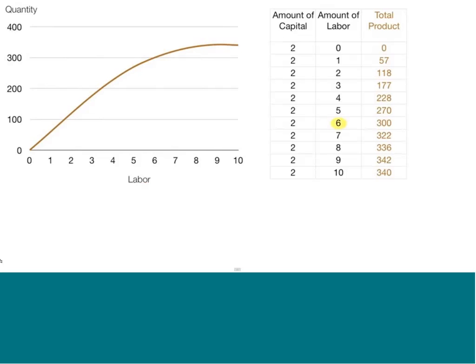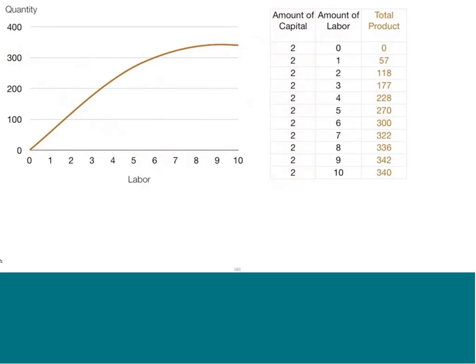For example, if my amount of labor is 6, my total product, or my quantity produced, will be 300. So the brown line is the total product curve, and the brown numbers represent the curve. Again, my amount of capital is fixed at 2.